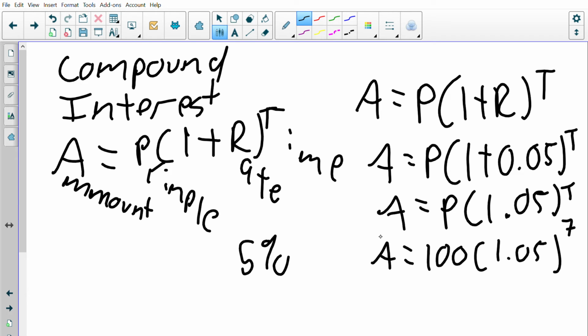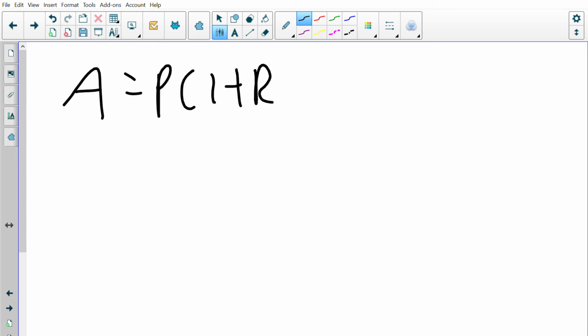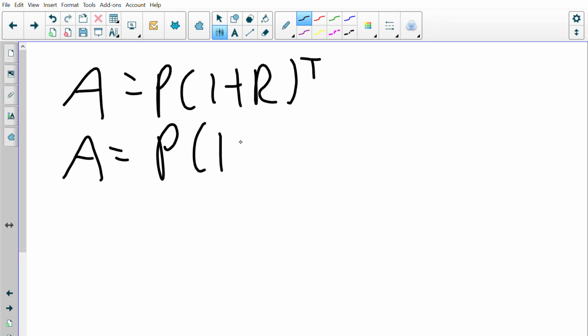Well, what if our compound interest happened not once a year, but once a month? We would change our equation to 1 plus the rate over the number of times a year, raised to the number of times a year times time.